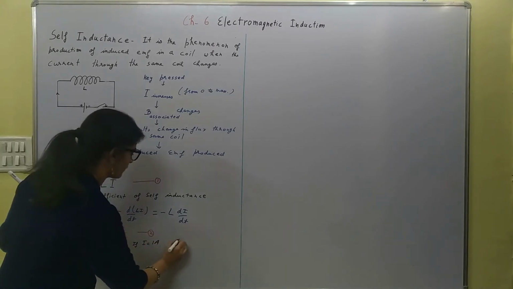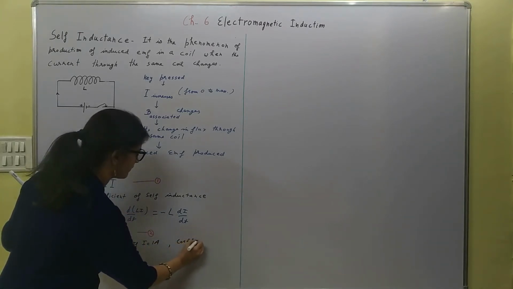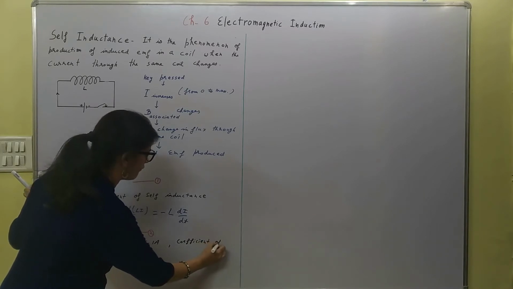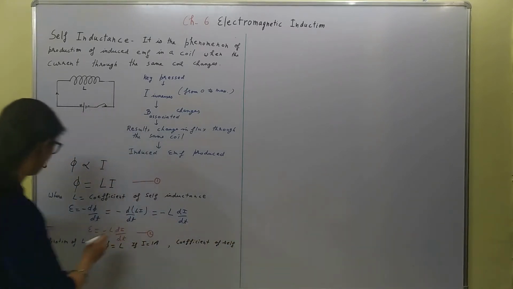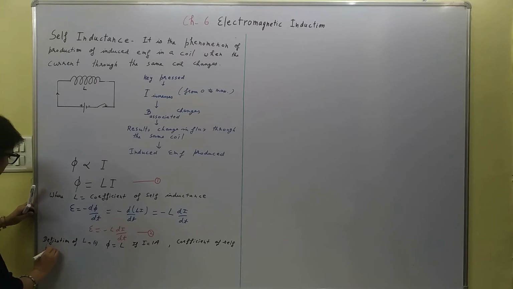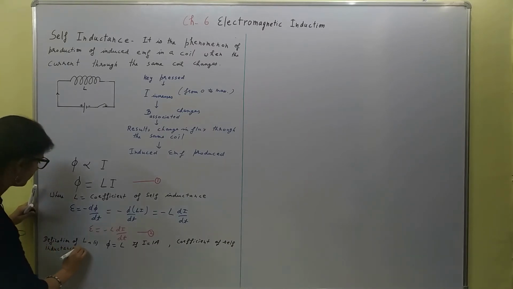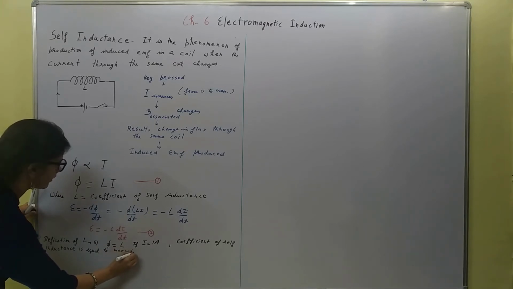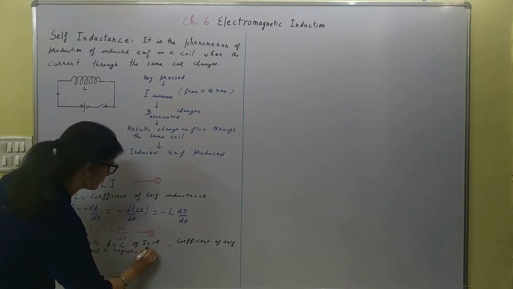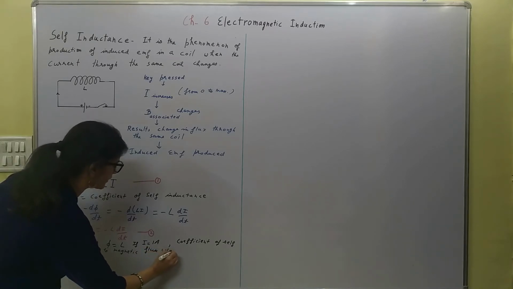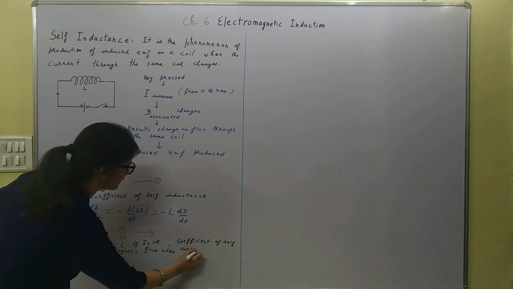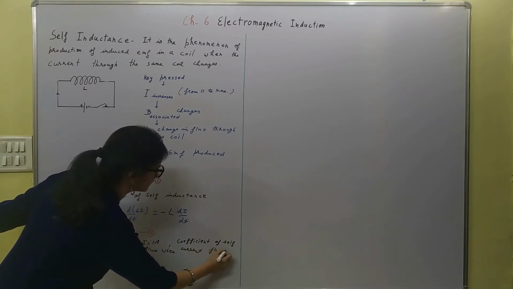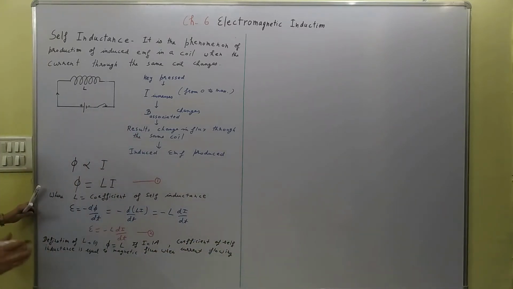So you can say the coefficient of self-inductance is equal to the magnetic flux when the current flowing through the coil is 1 ampere.